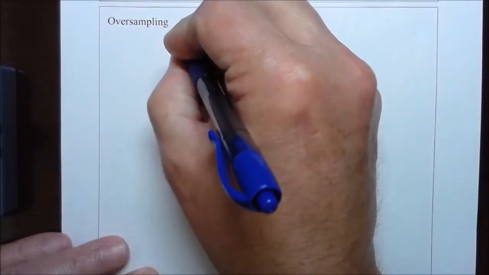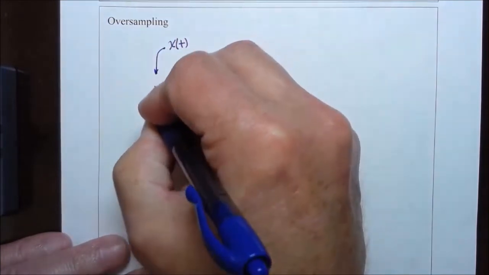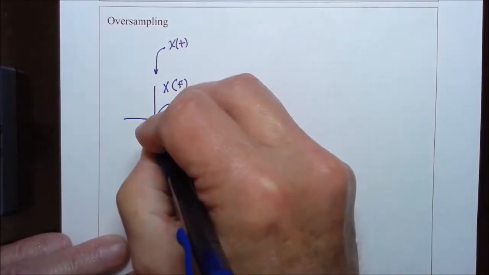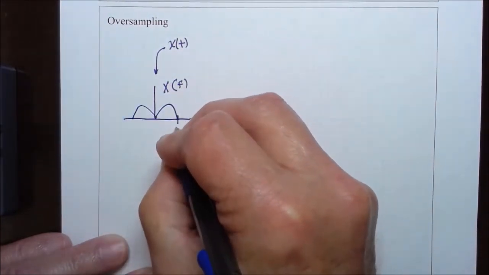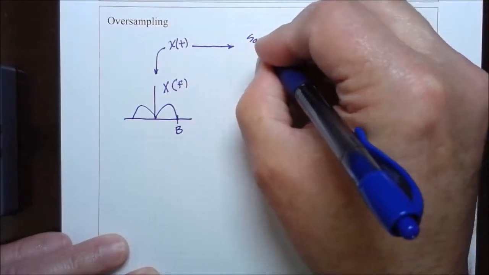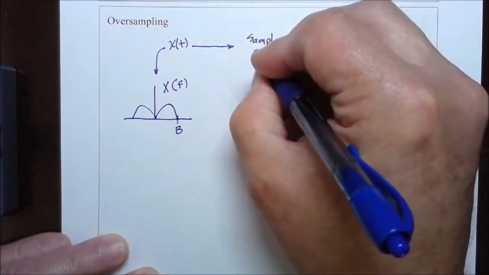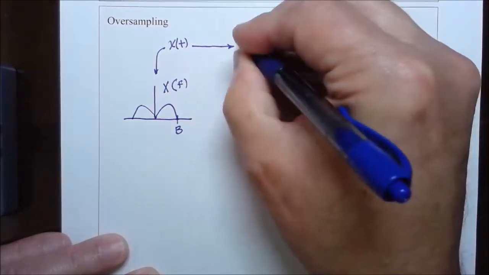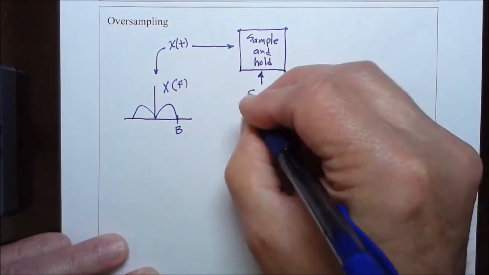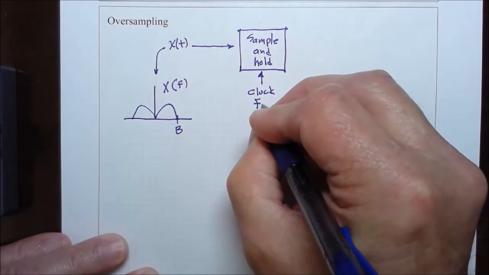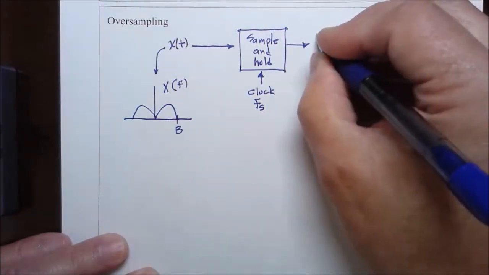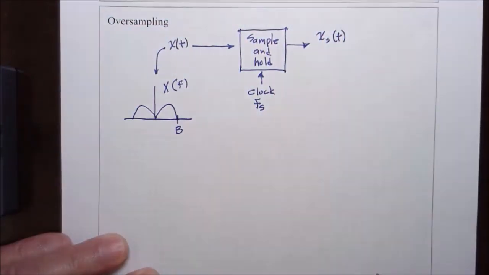So we have our continuous message signal, which has a spectrum that looks something like this, let's say, with a bandwidth of B, and we're taking this into a sample and hold circuit that will be controlled by a clock with a certain sampling frequency, and what comes out of the sample and hold circuit is our sampled signal.